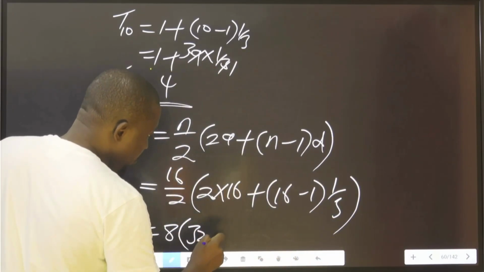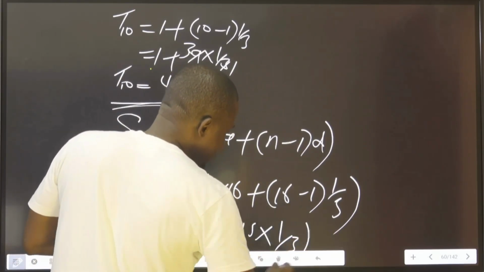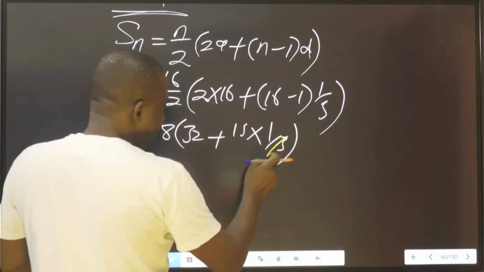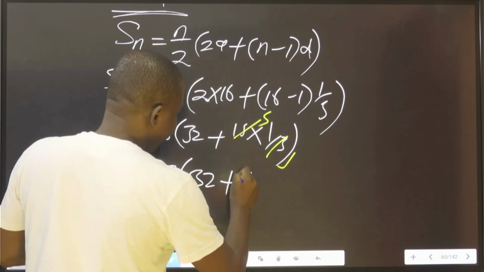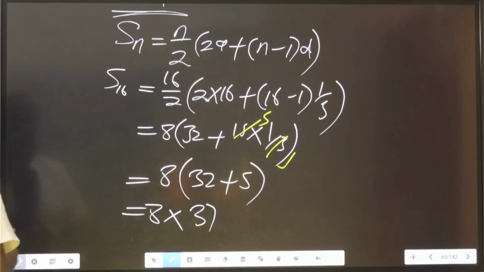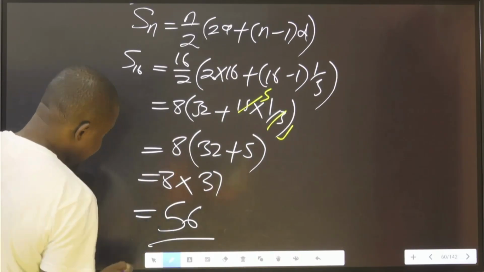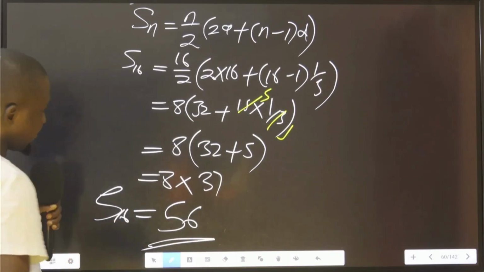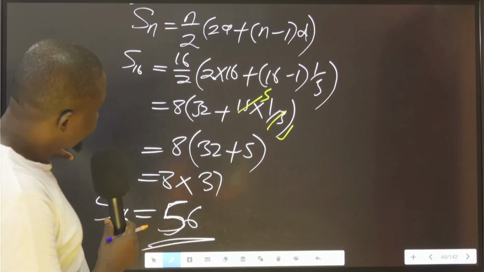This is 32 plus 15 over 1 over 3. This here 1, this here 5. We have 8, 32 plus 5. This will give us 8 multiplied by 37. What is 8 multiplied by 37? 296. This is the final answer for the sum of the first 16 terms.